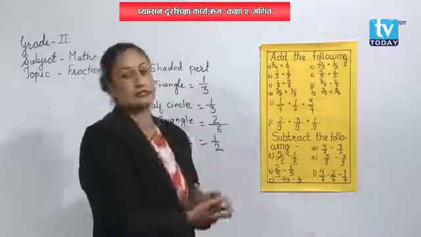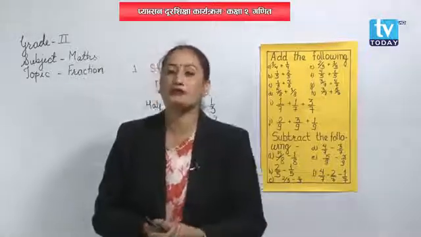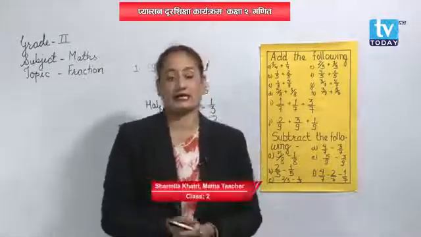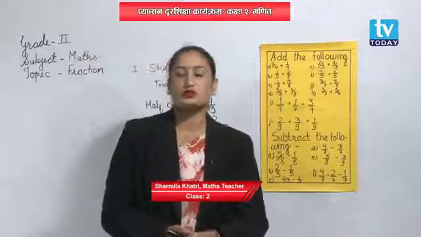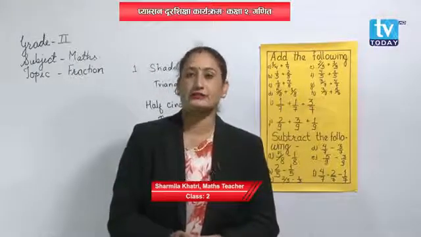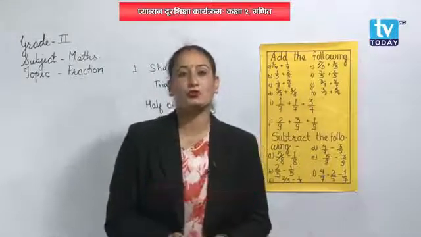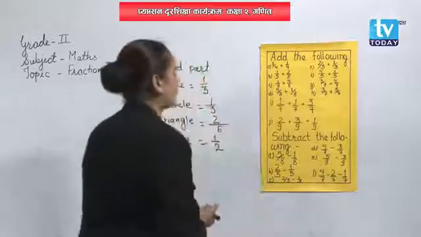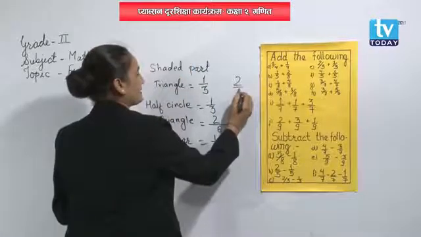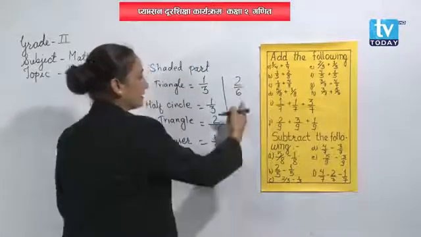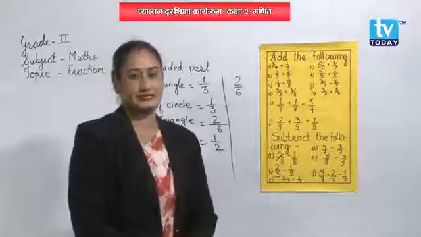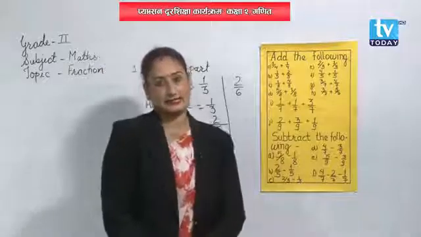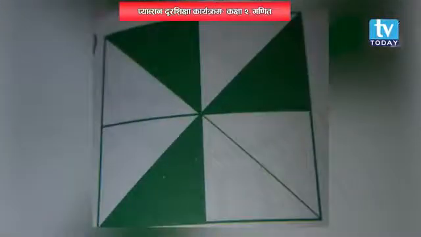Out of 6 parts, how many parts are shaded in that rectangle? 2 parts out of 6. So can you write 2 parts out of 6 as 2/6? Can you write it this way? Yes.